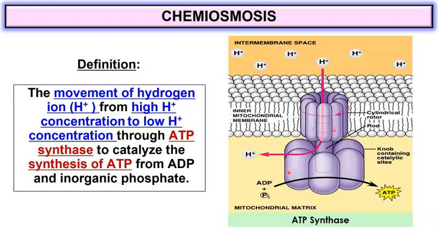This diagram shows that ATP synthase, the purple color, is embedded in the inner membrane of mitochondria. It is involved in catalyzing the formation of ATP from ADP and inorganic phosphate. The details of ETC and chemiosmosis will be discussed during tutorial class.